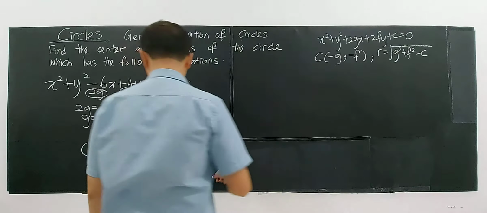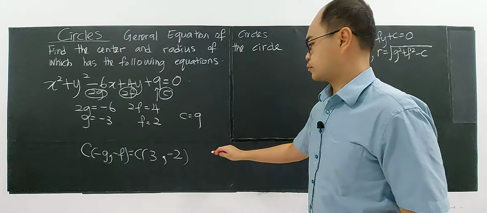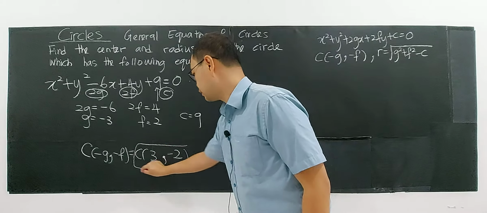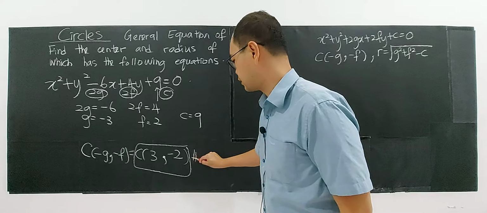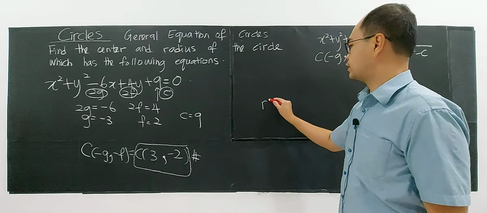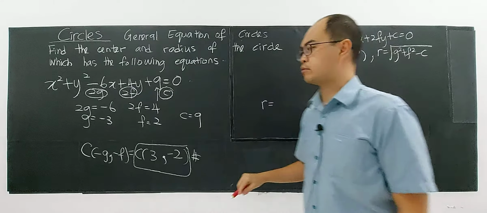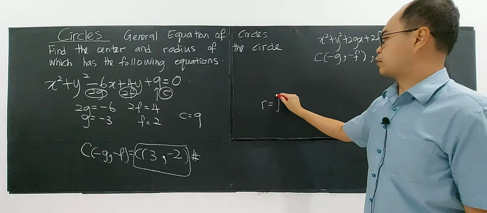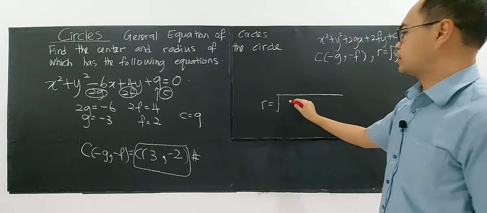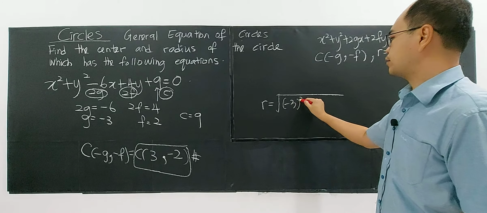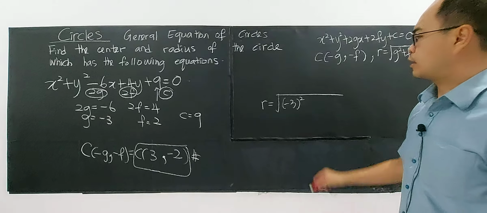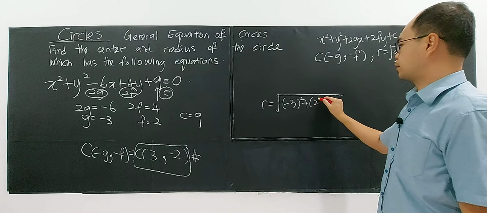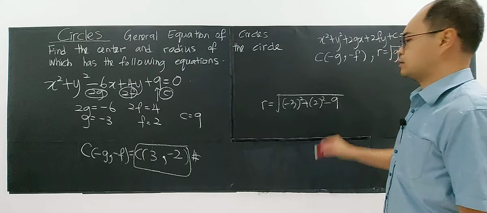So how to find the radius? Now we are done with the center of the circle, right? How to find the radius if given a general equation? Then you have this formula, square root of g squared, your g squared will be negative 3 squared, right? Negative 3 squared plus f squared minus c, right?